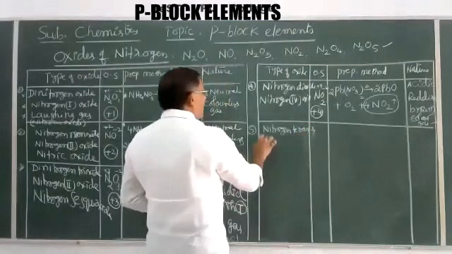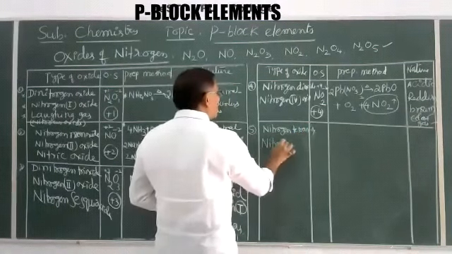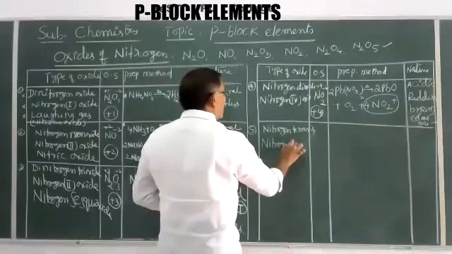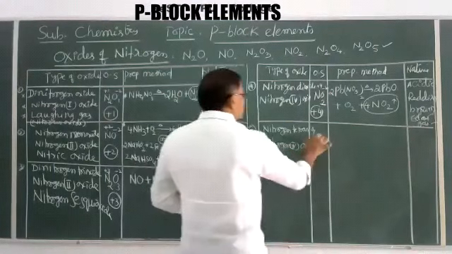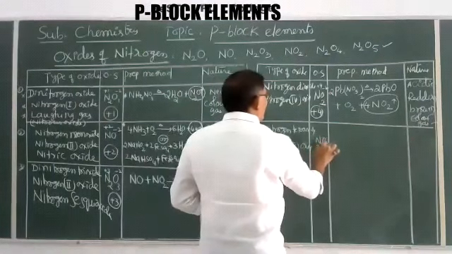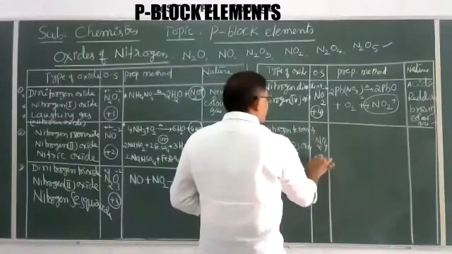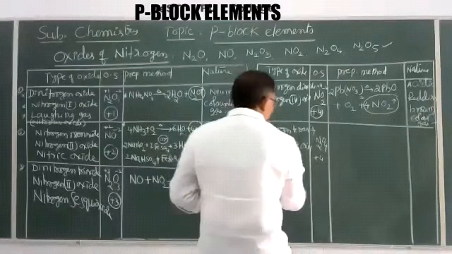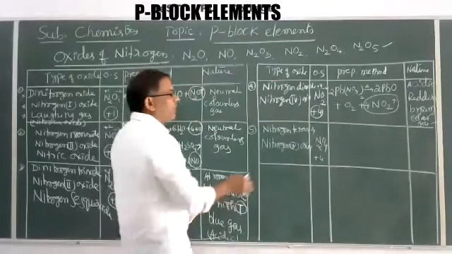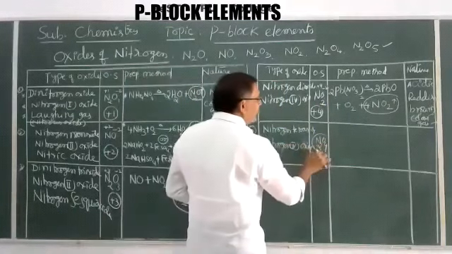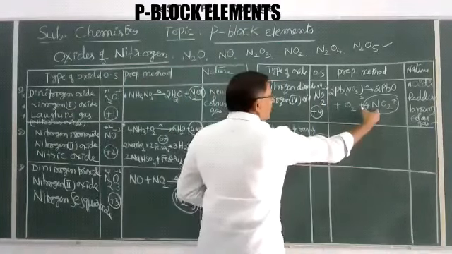Nitrogen tetroxide is also called nitrogen 4 oxide. Its formula is N2O4. Here also its oxidation state is +4. Now generally N2O4 is prepared by using NO2 only.